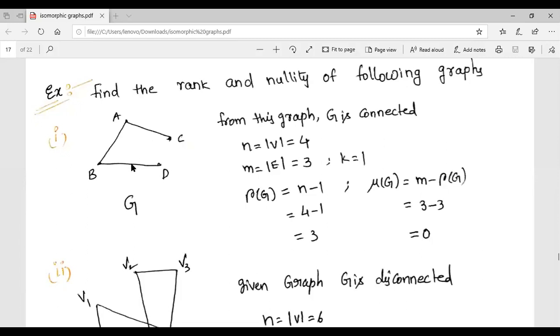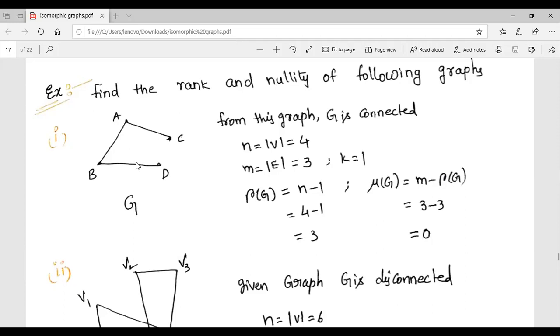If we consider the vertices C and D, there is a path from C to D, that is C to A to B and B to D. In a connected graph, every pair of vertices has a path. So it is a connected graph.